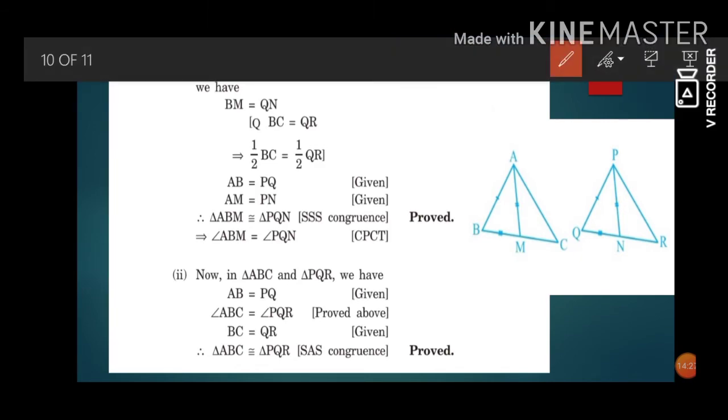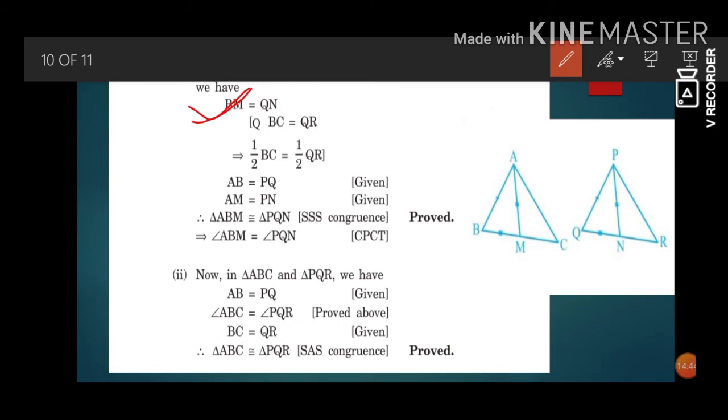In these two triangles, we already have BM equals QN. We know that AM is a median and a median bisects the baseline.